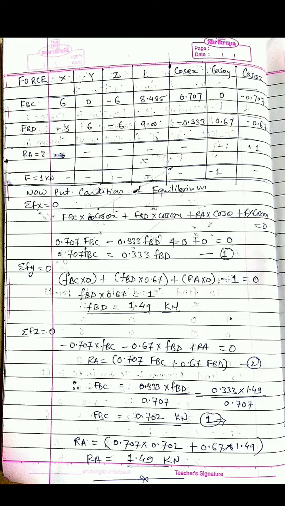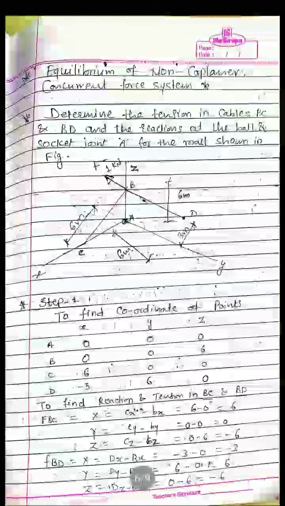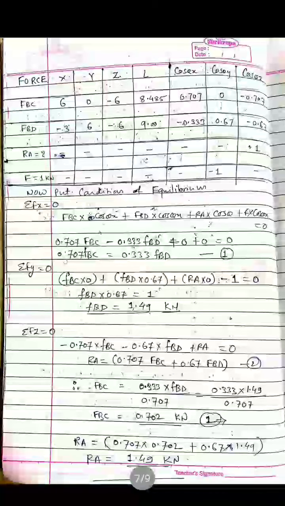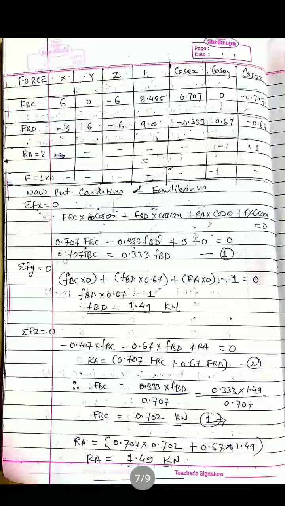Same for FBD, that is minus 3 divided by 9, 6 divided by 9 and minus 6 divided by 9. See, RA acts along the positive z-axis, that's why the value of cos theta z is unity, that is 1, and as it acts in the vertical upward direction, that's why positive, and the remaining 2 are 0.